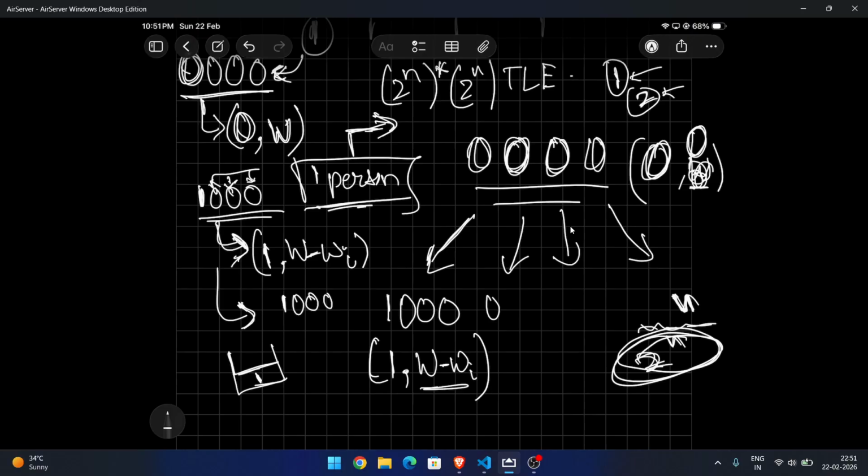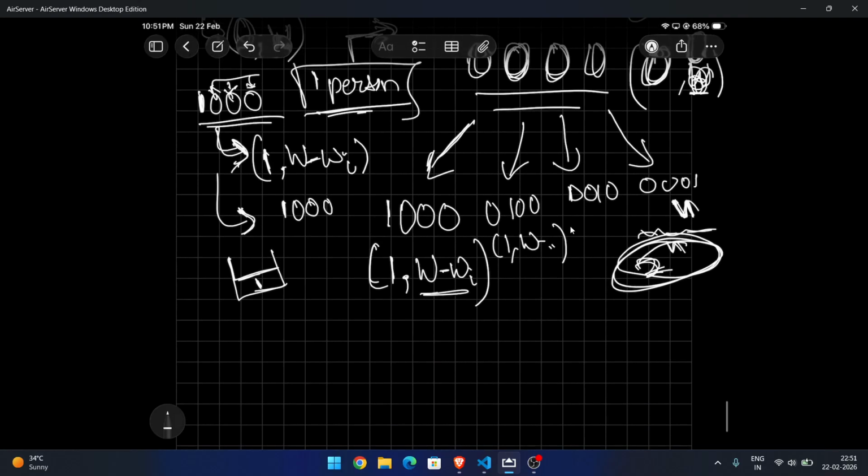For this also we would require something, and for this also, and for this also. Okay, so these are the four states. Now from this state we will see where we can reach.